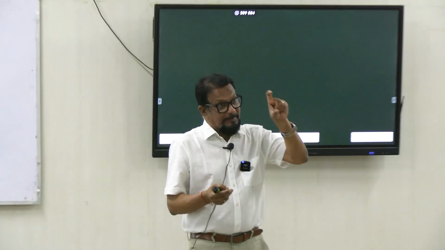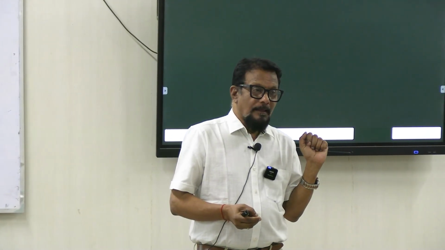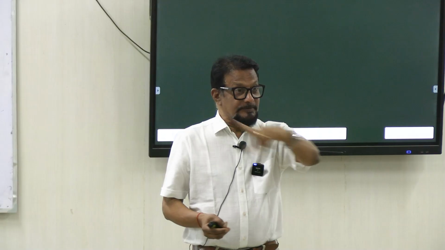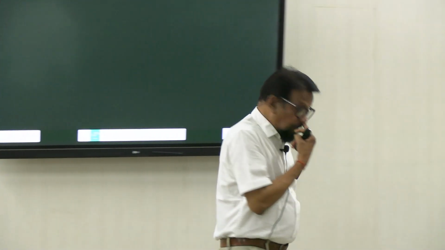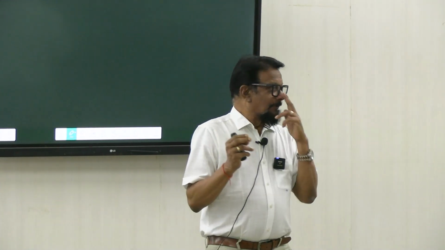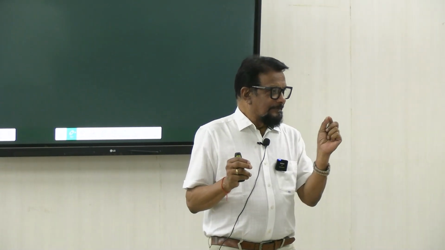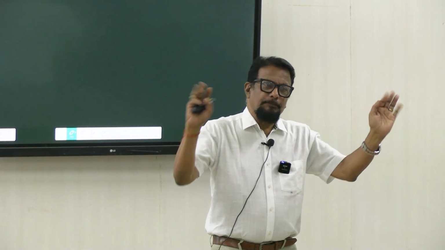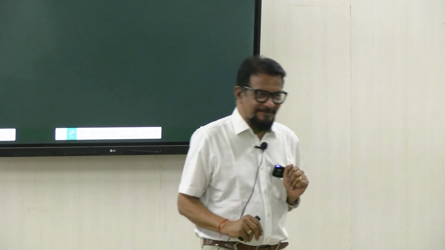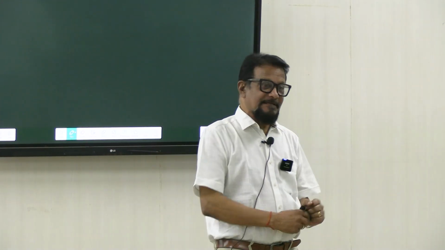Mainly this will be done by the central mechanism in the case of systemic control. They will use three or four important things by which they make this adjustment.